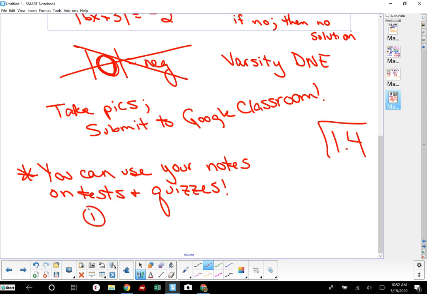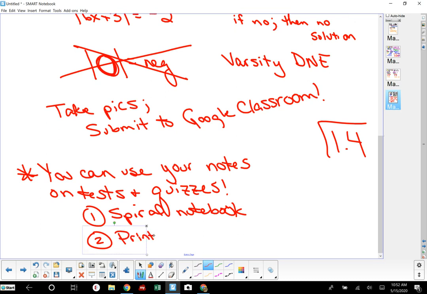Your option was for your notes, a spiral notebook with only notes in it. Or 2, if you're typing out your notes, you make sure you have a printed copy and they're put in a 3-ring binder. Those are your only 2 options you are allowed to have on your desk aside from a calculator.